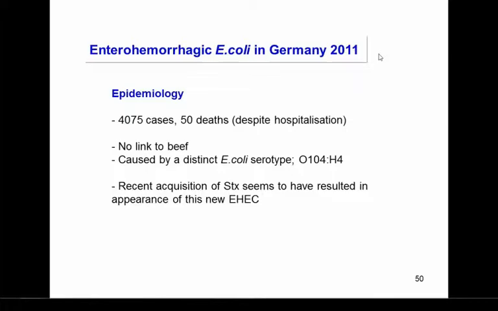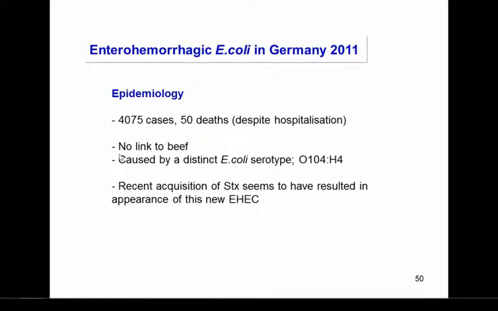Okay, so 10 minutes to go. The latest big outbreak of this bacterium in Europe was an outbreak in Germany in 2011. There were 4,000 cases, 50 deaths. This is despite very high quality medical care, so a case fatality ratio higher than 1%.